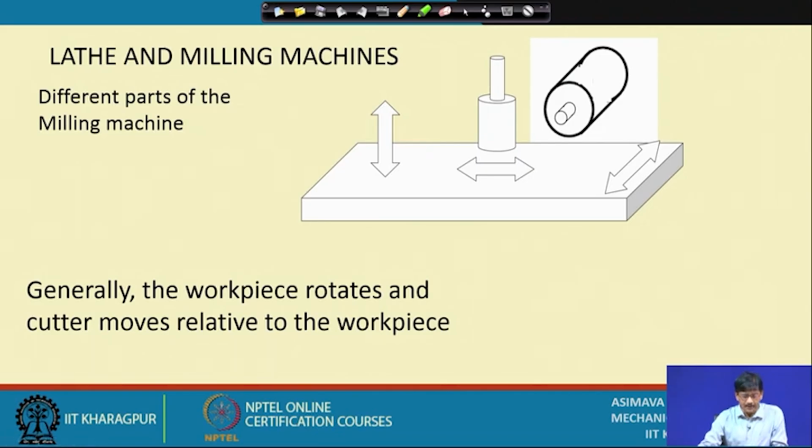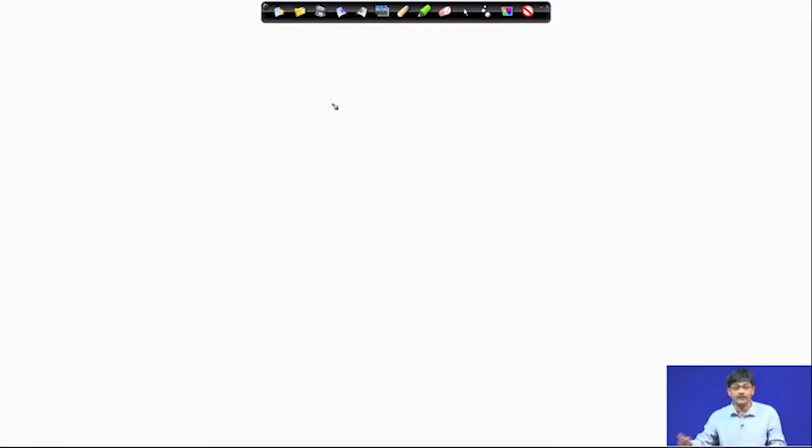And what is the basic structure of the machine? Let us try to visualize what the milling machine is all about. The milling machine first of all has a table.